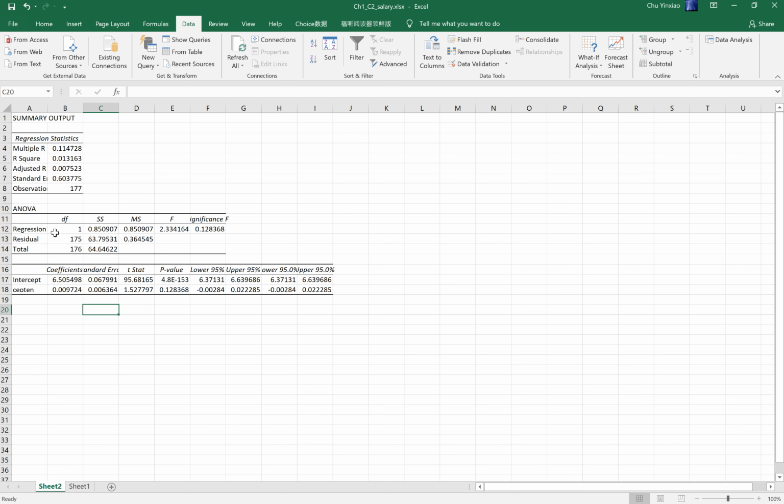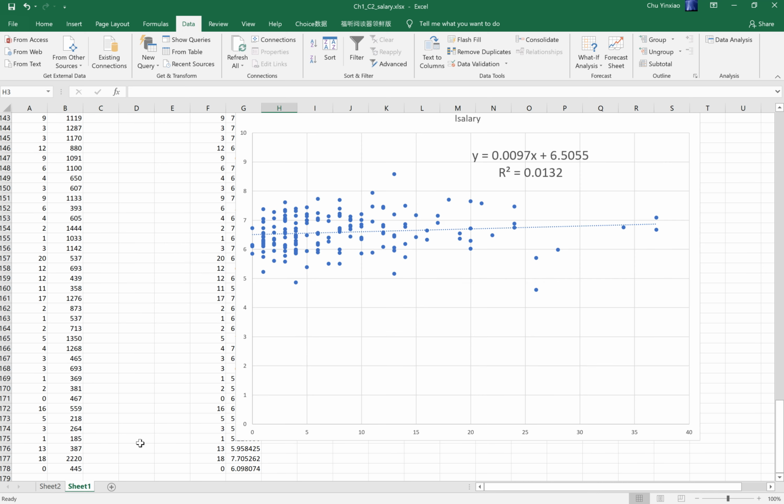We know that the R squared is 0.013. The R squared here is 1.32%.